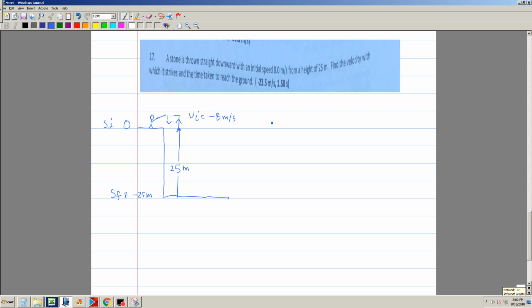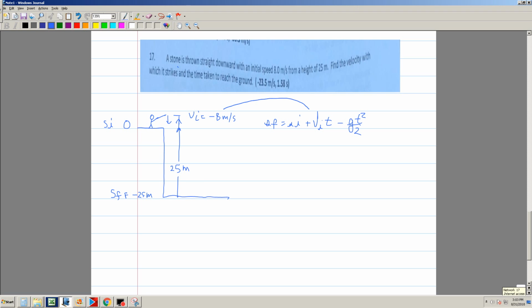So then we can use, I'm going to start using small letters, s final equals s initial plus velocity initial t minus g t squared divided by 2.